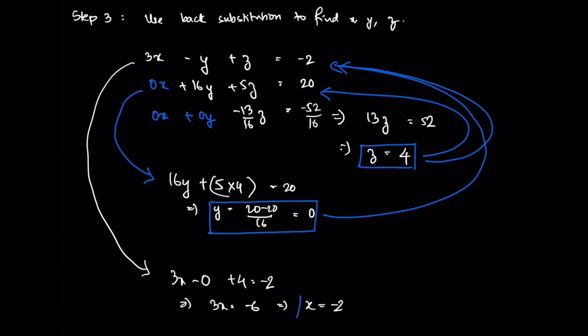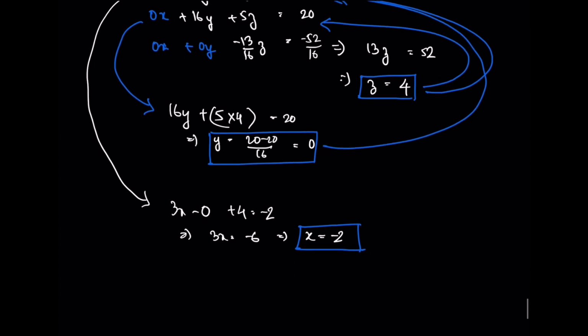So we have got all our three variables, and we have got our final answer: x is equal to minus 2, y is equal to 0, and z is equal to 4.